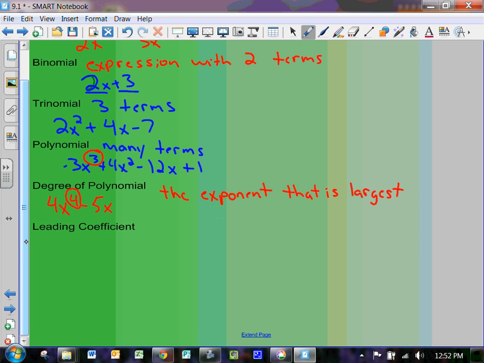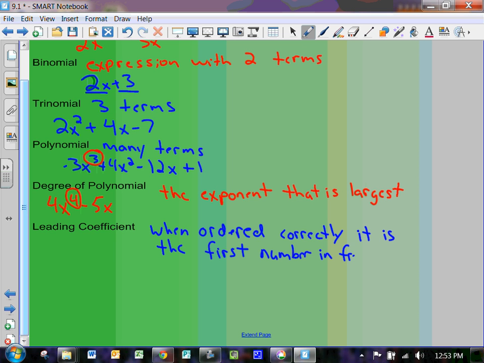All right, and lastly for our vocabulary is called the leading coefficient. The leading coefficient is, when ordered correctly, the first coefficient. A coefficient is the number in front of a variable.